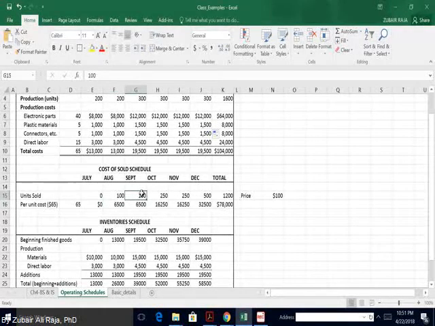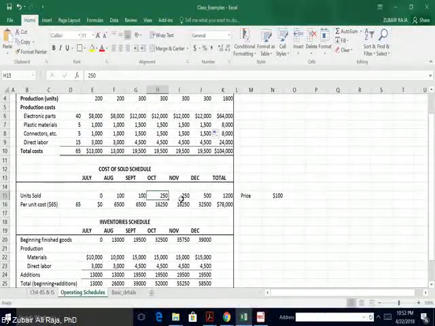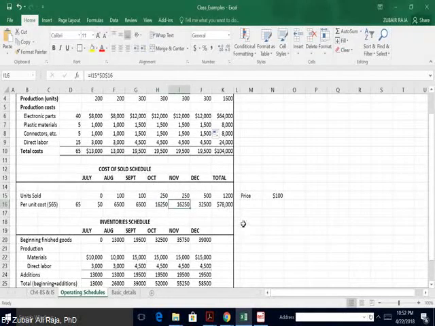In September, they again received an order of 100 scanners which they sold, and the cost involved in making those 100 sold scanners is 6,500. In October, it's 250. 250 multiplied by 65 is 16,250. For November, it's again 250, so it's 16,250.